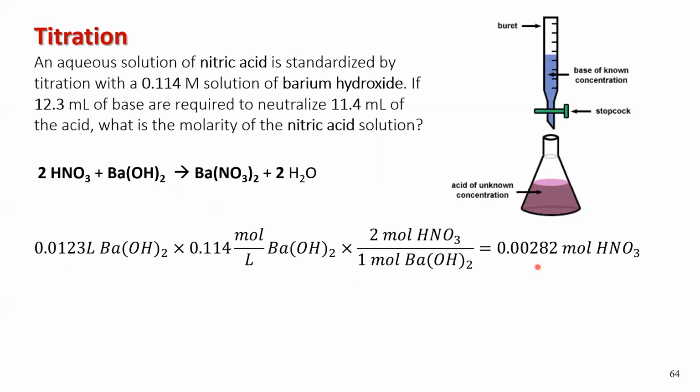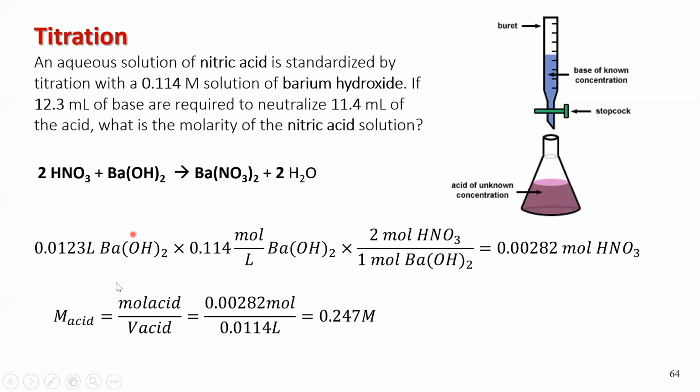So we have 0.00282 moles of acid in our unknown. The volume of the unknown is 11.4 milliliters. We can calculate the molarity. We know molarity is moles per liter.